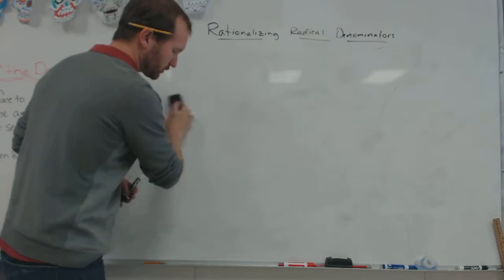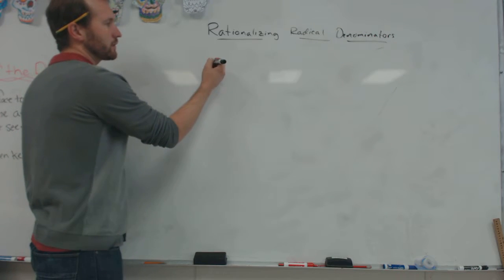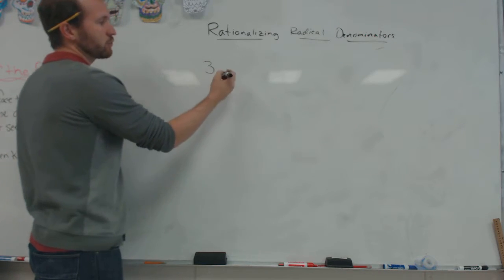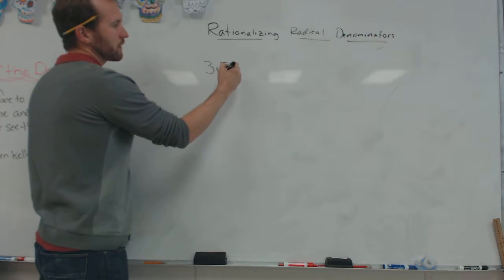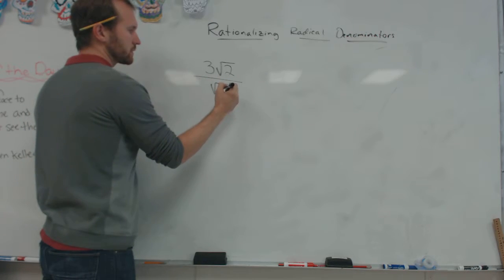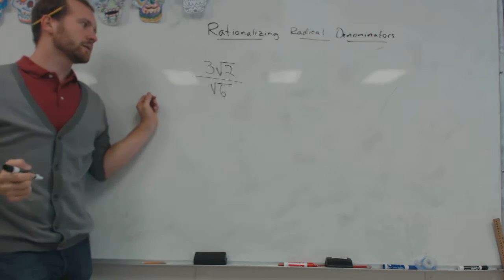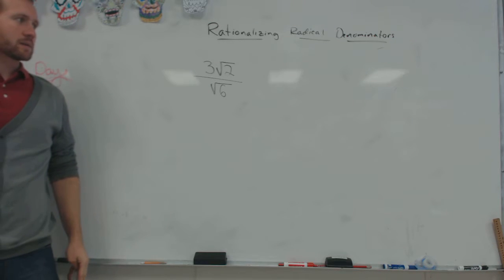The last kind of trick is sometimes you'll have a square root in the top of your fraction, in your numerator. So like if I had 3 square roots of 2 over the square root of 6, watch what's going to happen here.